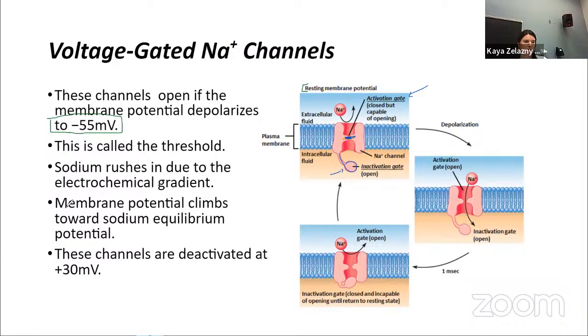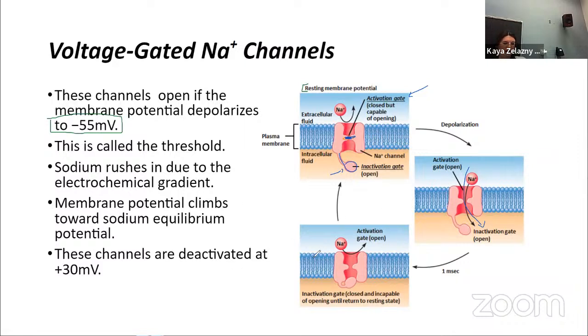Once we reach the threshold of negative 55, that activation gate opens. So this voltage gated channel gets activated. The activation gate opens. The inactivation gate is still open, right? It hasn't closed. So our sodium is going to be allowed to rush into the cell because now both our screen and our glass window are open, right? Okay, so we can get through both of these doors.